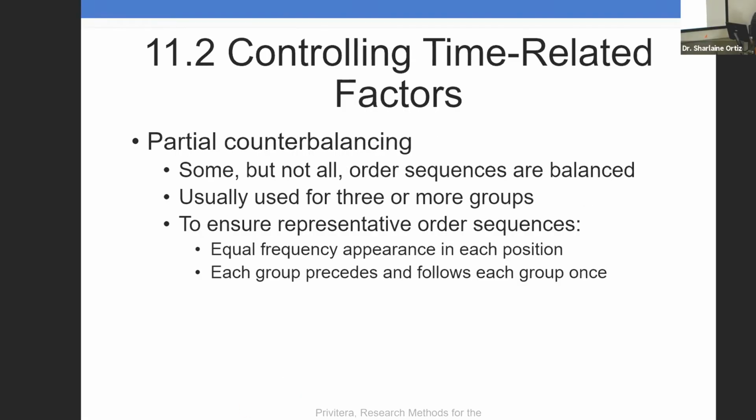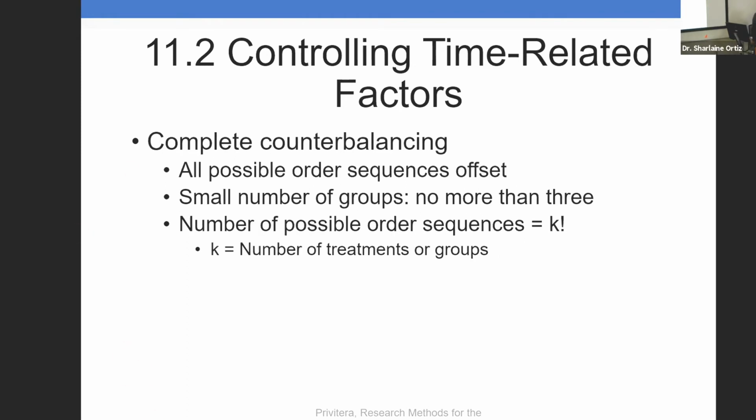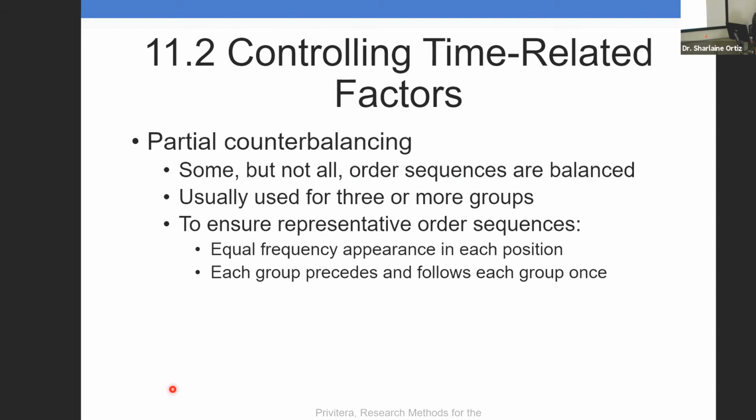Now we saw one type of counterbalancing. Let's look at partial counterbalancing. Contrary to all of the possible sequences that I may have for this order, I'm only going to use some. I'm not going to use all of the possible combinations, but rather just a few.